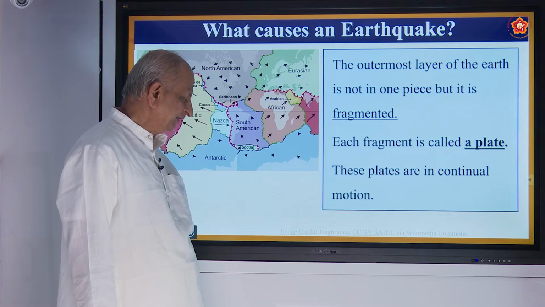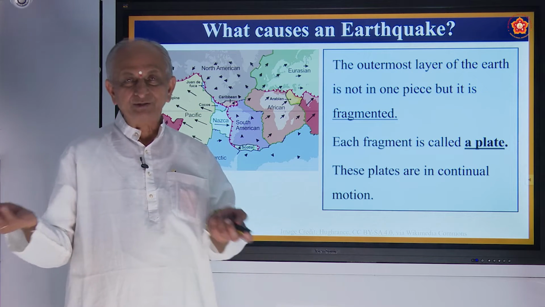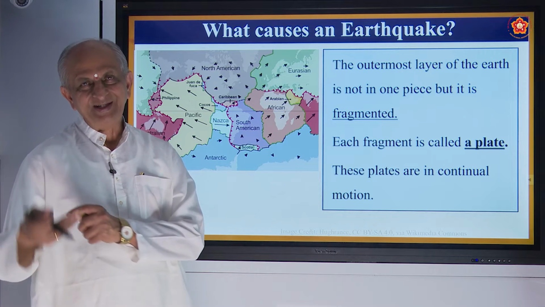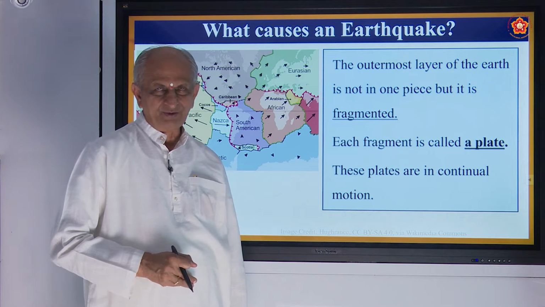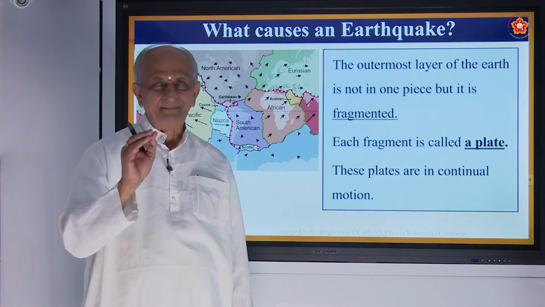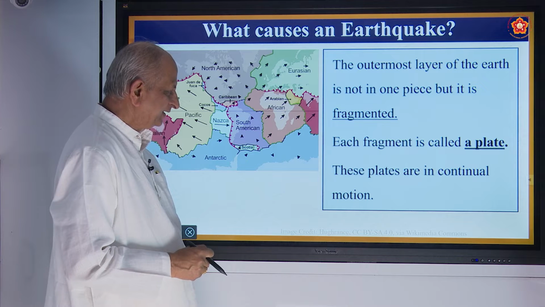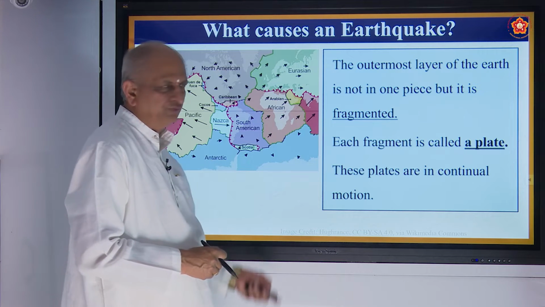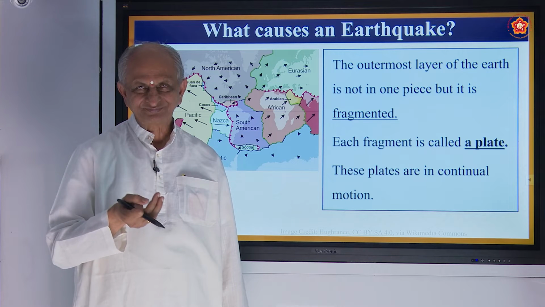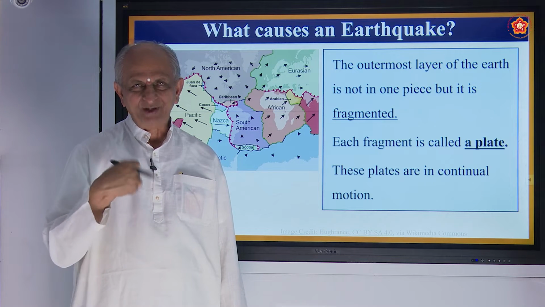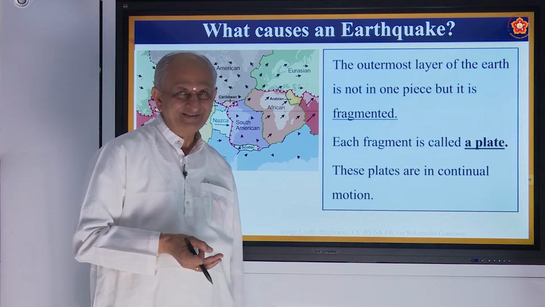These plates are in continual motion. Now you may wonder what makes them move like that. In the mantle there is liquid, and due to high temperature and pressure in that liquid, the plates move, just as vomit comes out because of some disturbance inside.